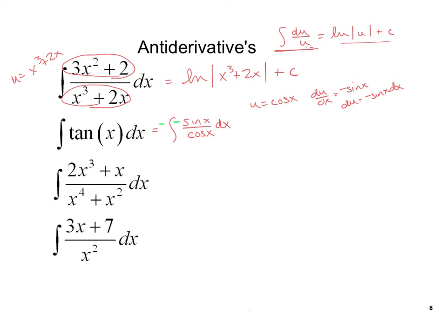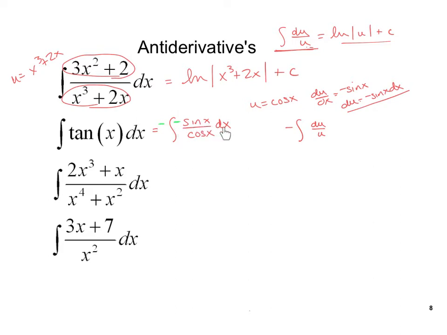And of course, a negative times a negative, or the opposite of a negative, is positive. So I haven't really changed the value of my integral because I have two negatives, but I do have a negative integral of du over u. The du is negative sine x dx, which you can see we have right here. And the u is the cosine of x.